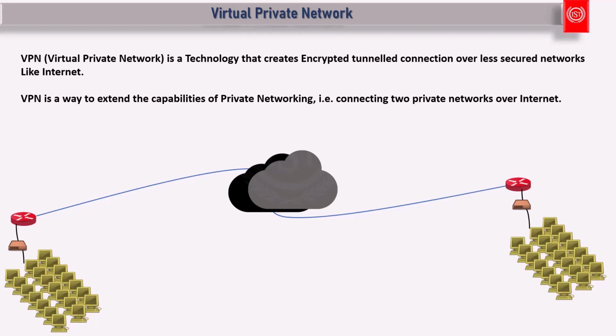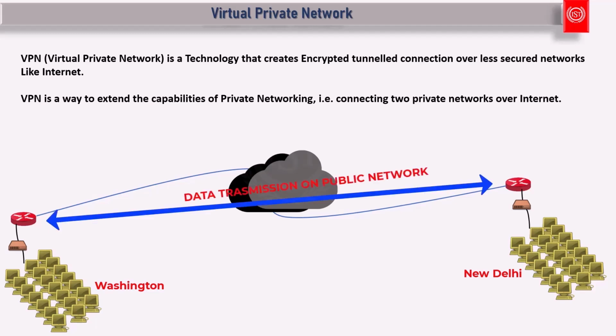Say for example, you are in the United States, in Washington, and you want to access some content that is on the network in a different branch office, say in New Delhi, India. You can still access those shared resources, or you can send a print command to the network printer in the New Delhi office, and your data transmission between both offices is secured, encrypted and tunneled, and it cannot be easily hacked.